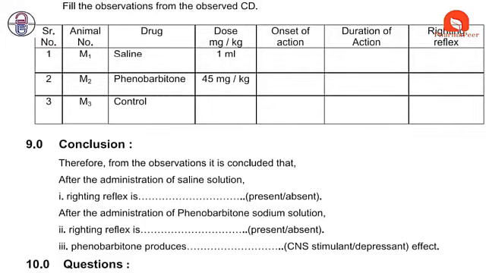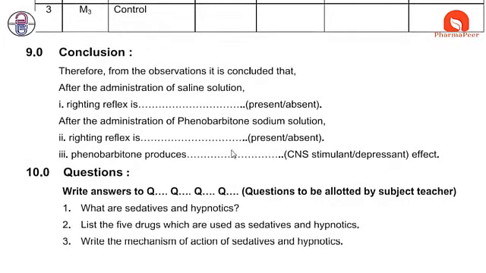From the observation, it is concluded that after saline solution, the writing reflex is present. After administration of phenobarbital sodium, the writing reflex is absent, and that's why we can say that phenobarbital produces a CNS depressant effect. So this is the conclusion.